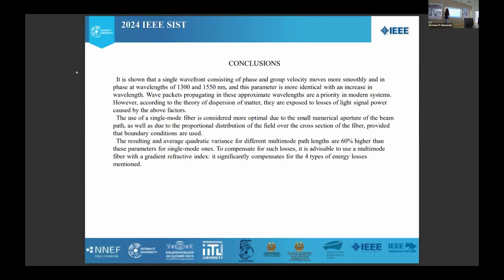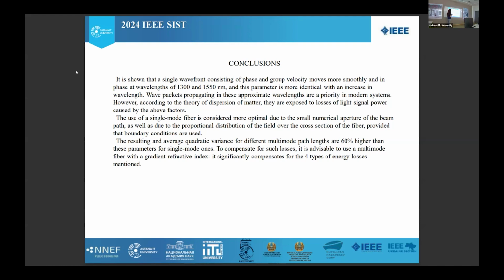In conclusion, we can say that it is shown that the phase and group velocity move more smoothly and faster at wavelengths of 1,300 and 1,550 nanometers, and this parameter becomes more identical with an increase in wavelength.